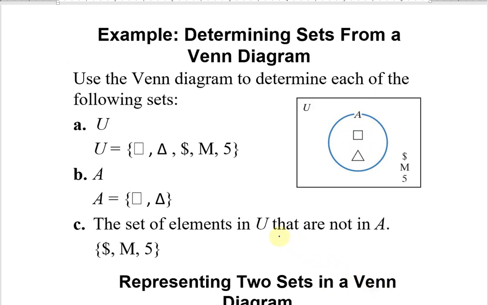And the set of elements in U that are not in A: you don't want anything in A, but still in U, which is the rest, the three of them here, dollar sign, M, and phi, because they are not inside A but still inside the big U.